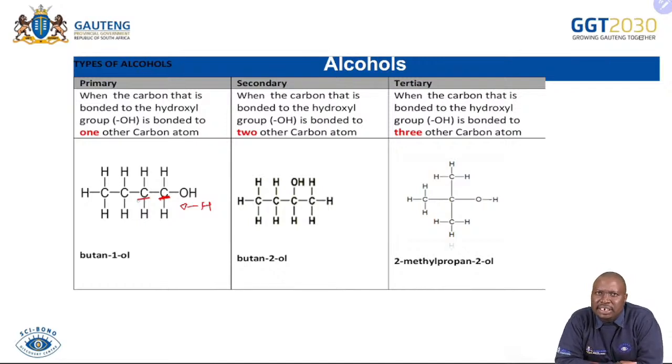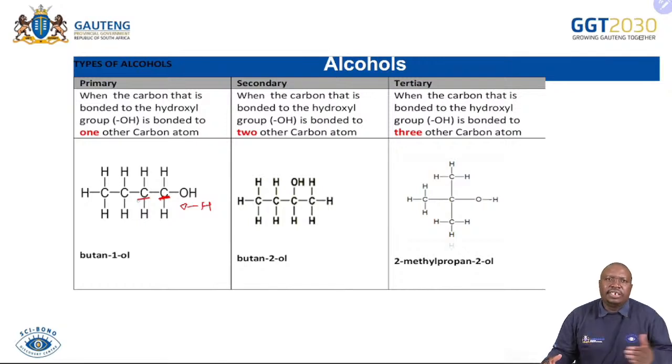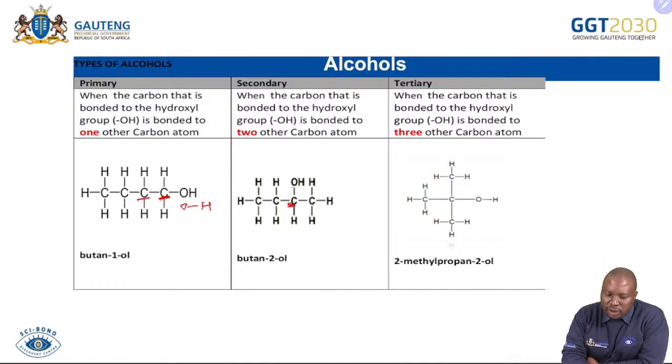Primary, you know, is the first school that you go to, primary school when you start your school, but after that you go to secondary. So primary 1, the carbon bonded to the hydroxyl group is bonded to one other carbon. Secondary 2, second means 2, which means the carbon that is bonded to the hydroxyl group is bonded to 2 other carbons. You will be able to define it like that.